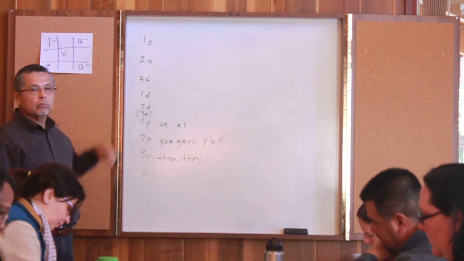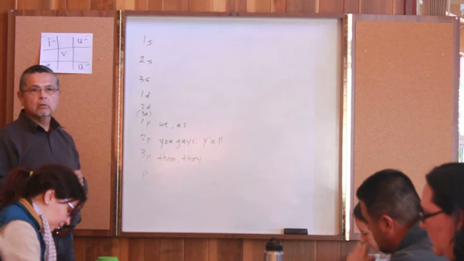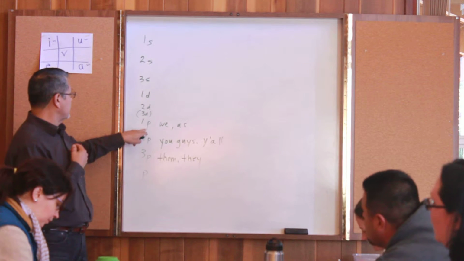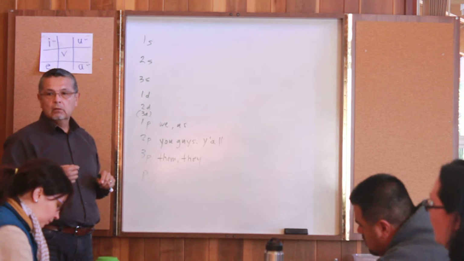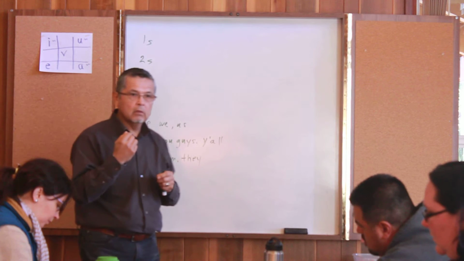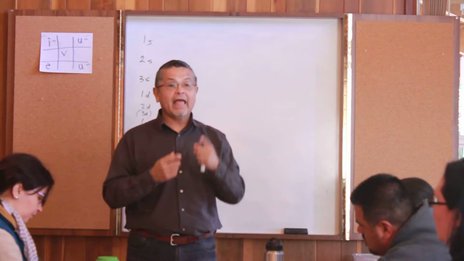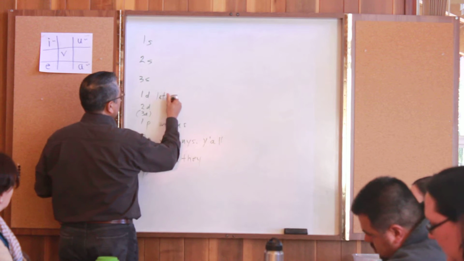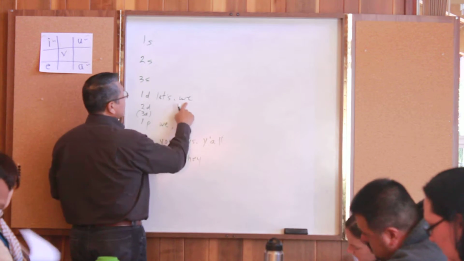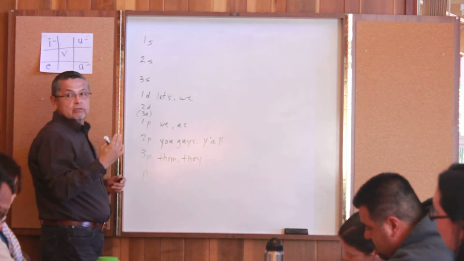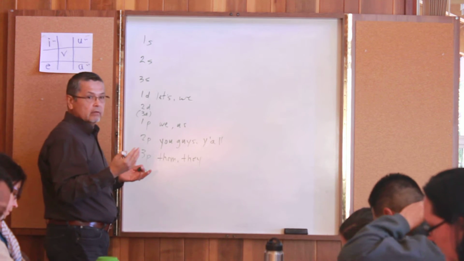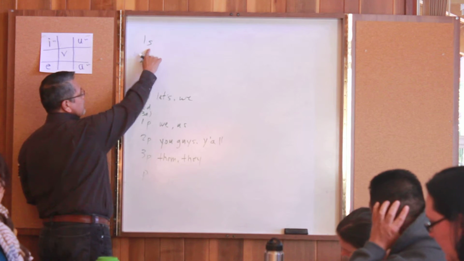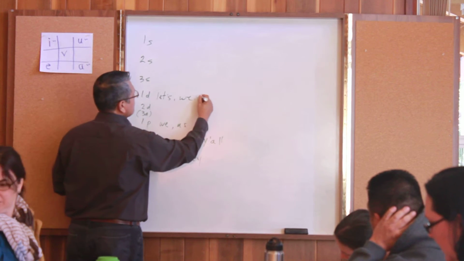So first dual would be who then? Just two beings. Let's, okay, let's start with let's as the idea, and we. Because we in English can be the two of us, or all of us, or the three of us. So this is I to us, let's, this could be us'ns.